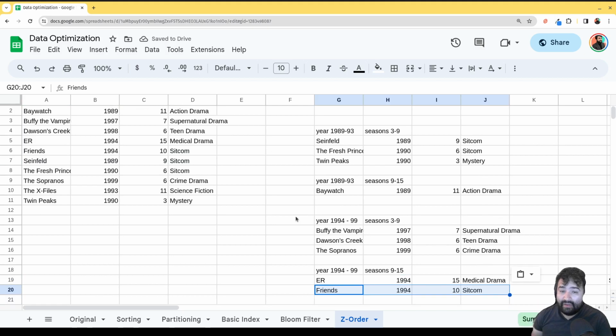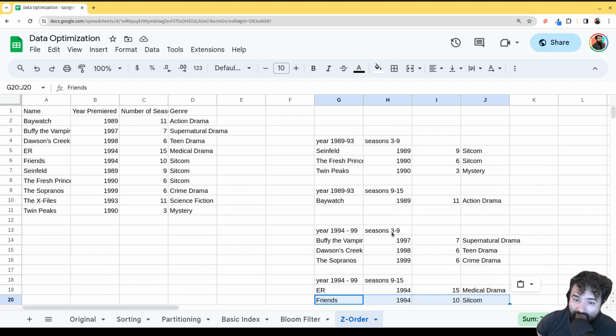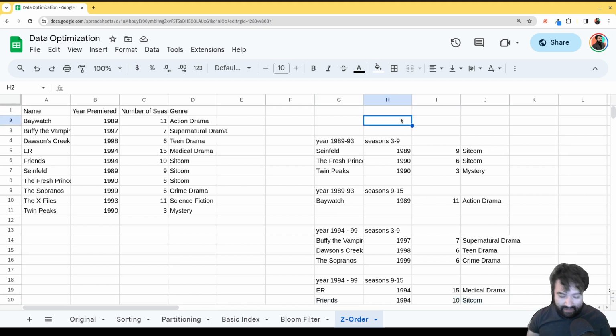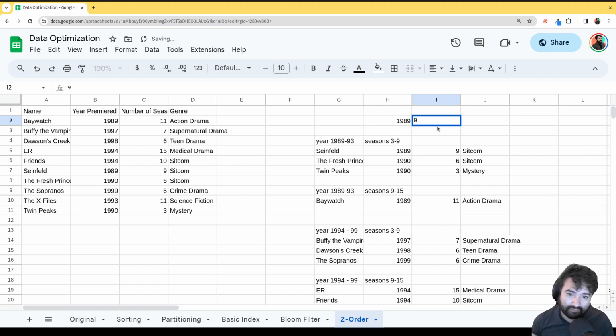Now, imagine I have these Parquet files written. An Iceberg table is going to have the metadata. So if I say, hey, I'm looking for a show from 1989 with 9 seasons, based on the stats it has on those files, it's going to know that it doesn't need to scan these 3 files.